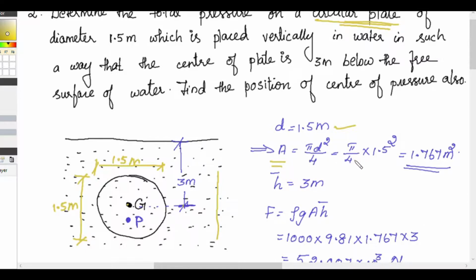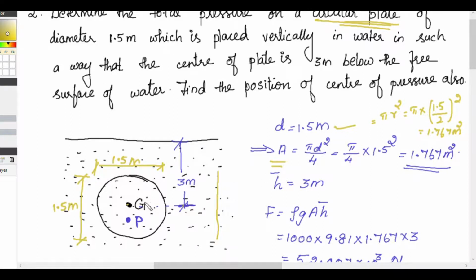So that is equal to pi by 4 into 1.5 square. We get 1.767 meter square. So that is nothing but pi r square. So pi into r will be 1.5 by 2 the whole square. You will get 1.767 meter square.